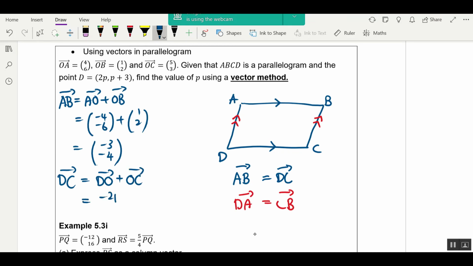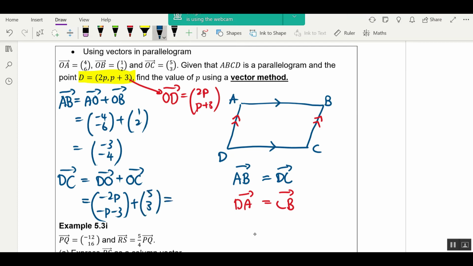DO is negative 2P and negative P minus 3, because this guy here is a coordinate. If I change this to a position vector, it would mean that it is 2P and P plus 3. So DO would be the negative of 2P and the negative of P plus 3. Plus OC. OC is 5, 3, and this would mean that the X would be minus 2P plus 5. The Y would be minus P.